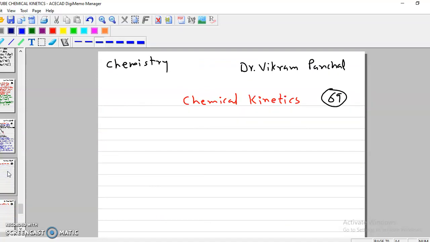Now we'll refer exothermic reaction. Okay, and for exothermic reaction, we draw a graph similar to this only.